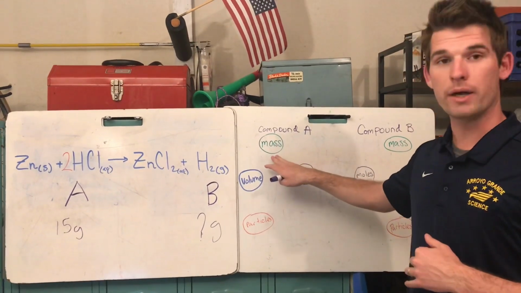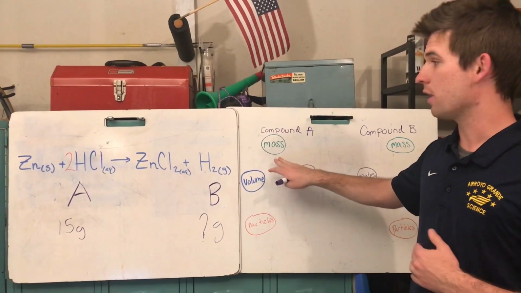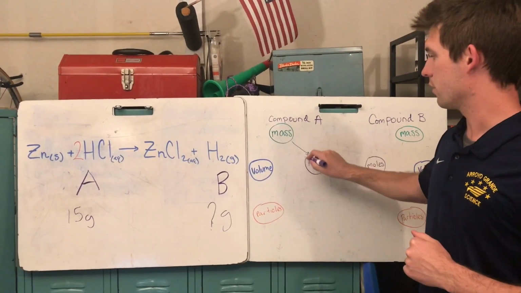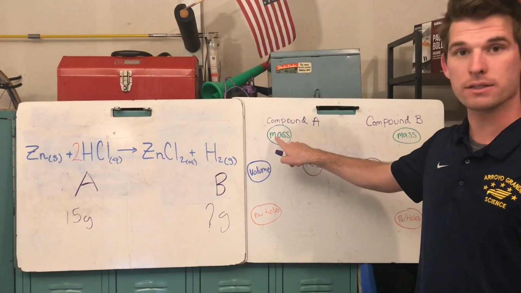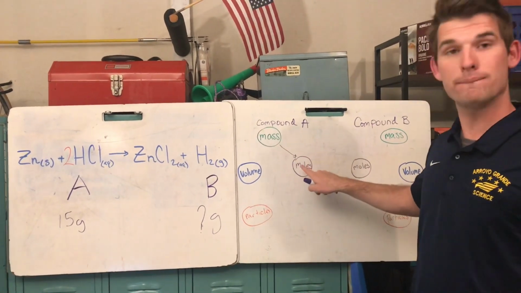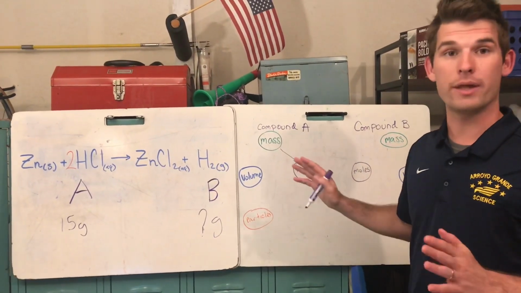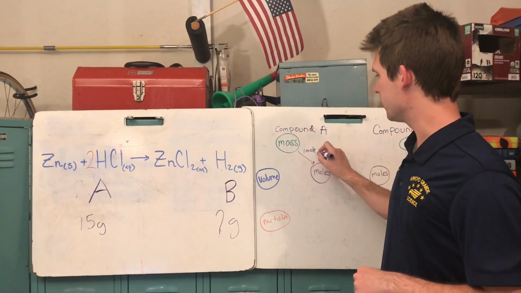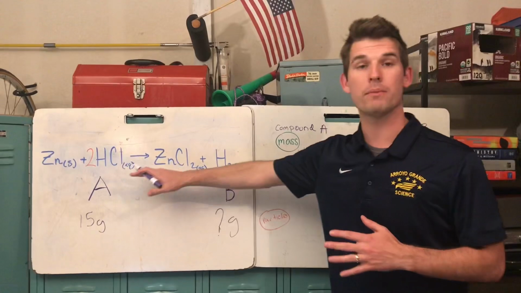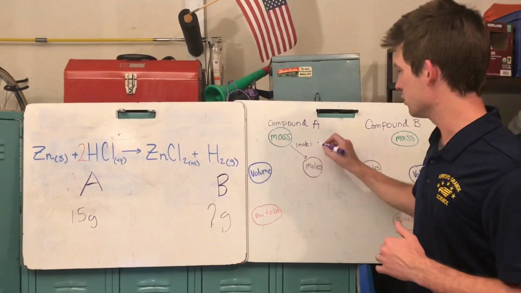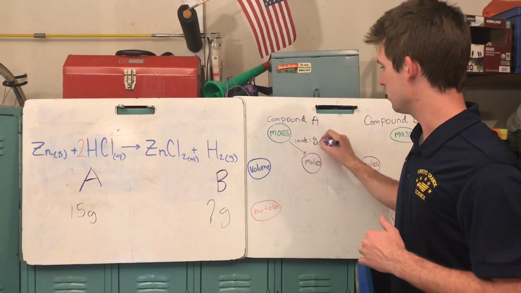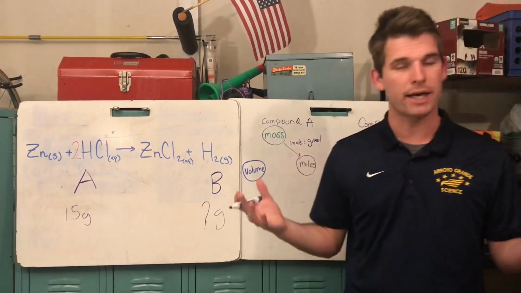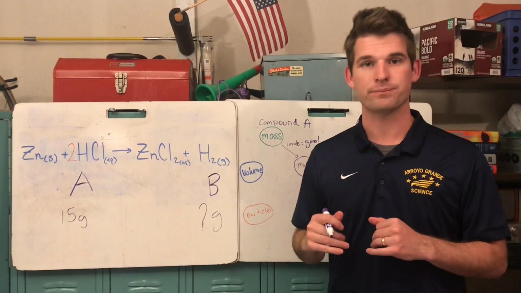We start with the grams of hydrochloric acid, and we convert those 15 grams, the mass, into the moles of hydrochloric acid. The way that you do that is we know that 1 mole is equal to the molecular mass of hydrochloric acid, the grams per mole. So you'd have to calculate that. We did that last week, and I know you know how to do that.